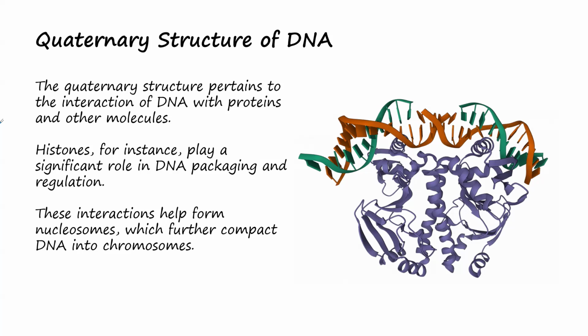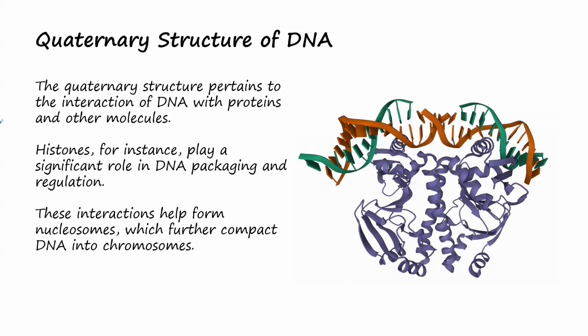You see, the tertiary structure locks and supercoils the DNA and makes it fit into the nucleus. But in the case of quaternary structure, the interactions further increase and make the DNA more compact and fit into the chromosome.